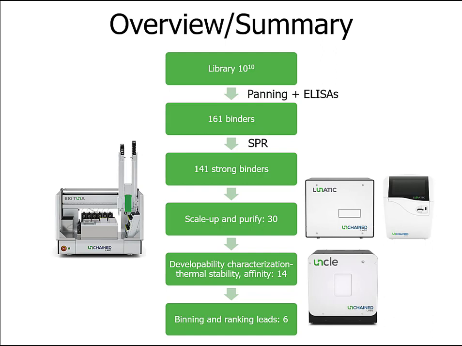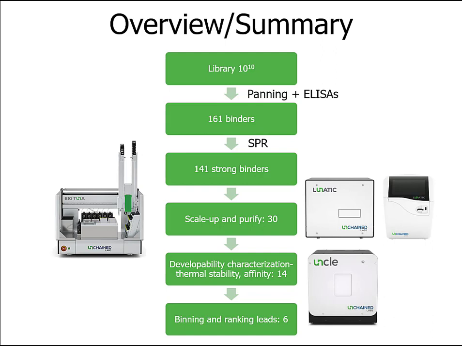From that, we can synthesize and express those proteins and get affinity data against, in this case, TIGIT for all of our binders and determine how tightly they bind to the target. We can then scale up and purify the highest affinity binders and put them through a battery of developability assessments with the Unchained UNCLE platform as our first test for overall stability of these antibodies.